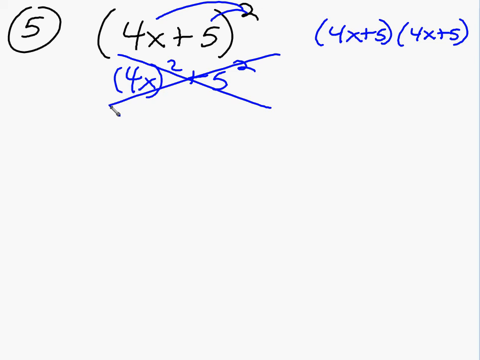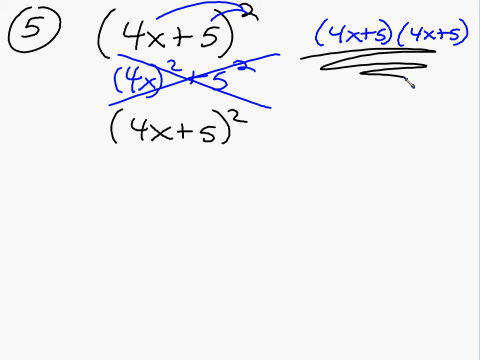All right? So if I have 4x plus 5 quantity squared, like I said, we're technically doing FOIL, but there's a shorter way to do it. Square the 4x, 16x squared. Square the 5, and you get 25.